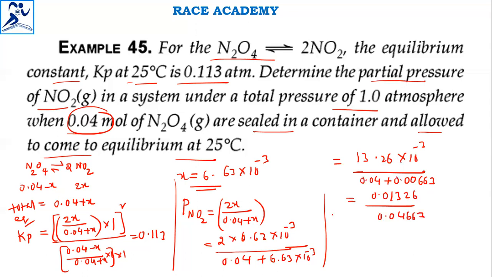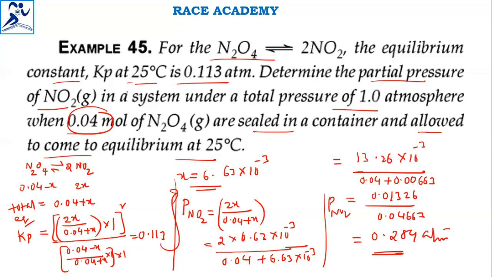That is the partial pressure of NO2. Final simplification gives 0.284 atmospheres. So here you need to do some extra work, right? So this is the answer for this question.